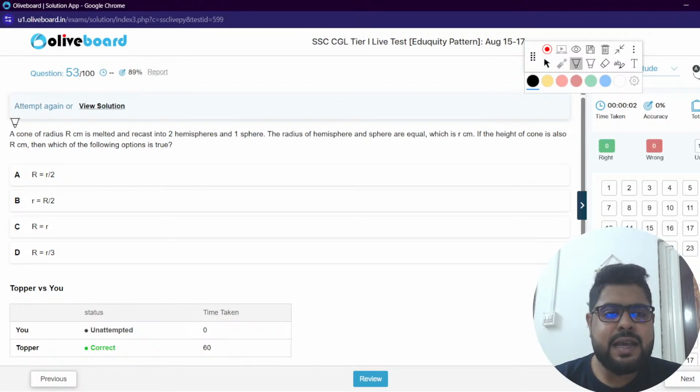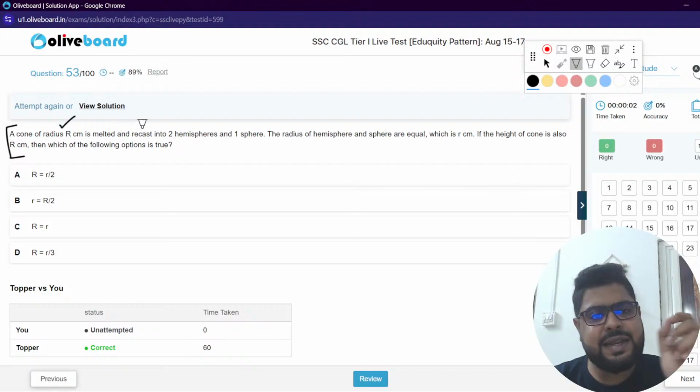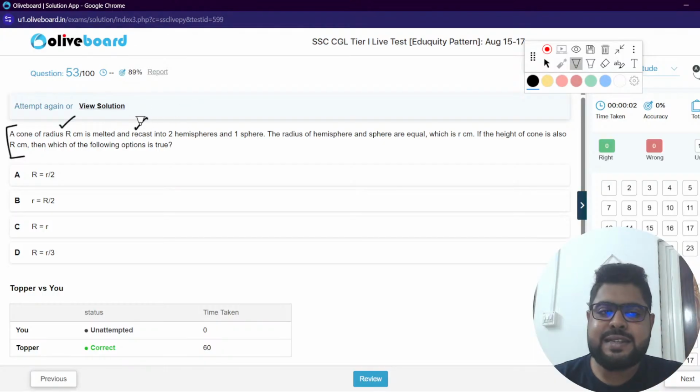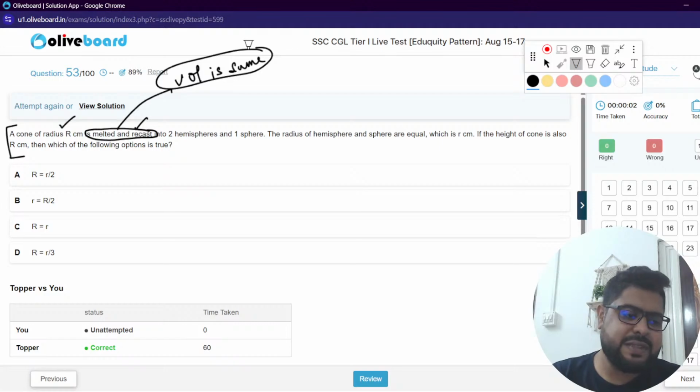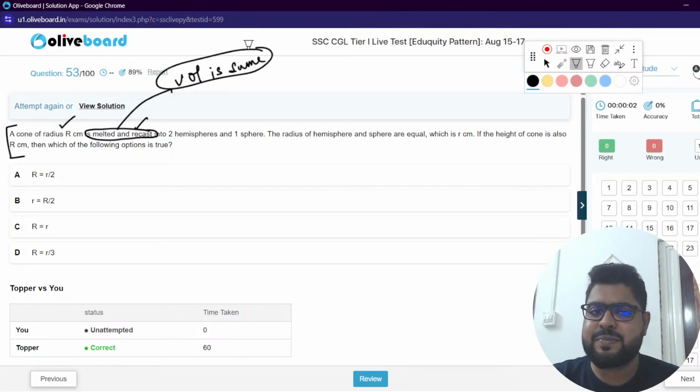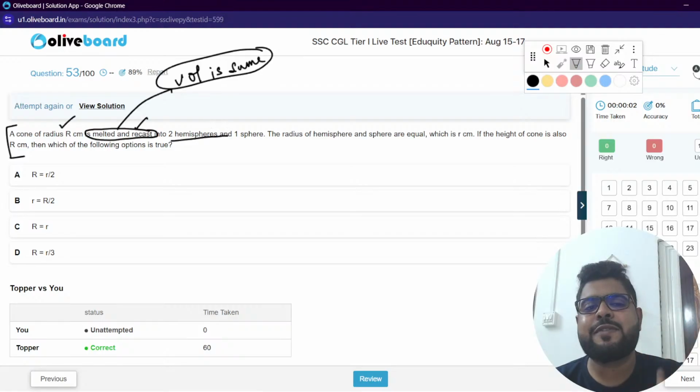Read the question. A cone of radius capital R is melted and recasted. Sir, melted and recasted means, I told you multiple times, that volume is the same. Into two hemispheres, and we are talking about volume.